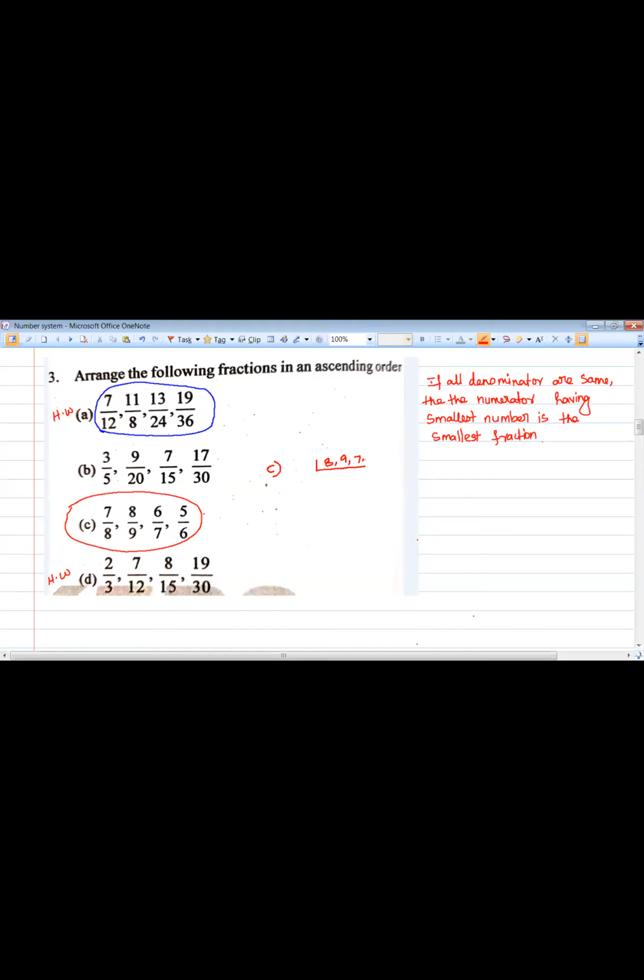8, 9, 7, 6. So put 2 here: 4, 9, 7, 3. Then we have to multiply. 2 4s are 8, 8 9s are 72, so 72 into 21.